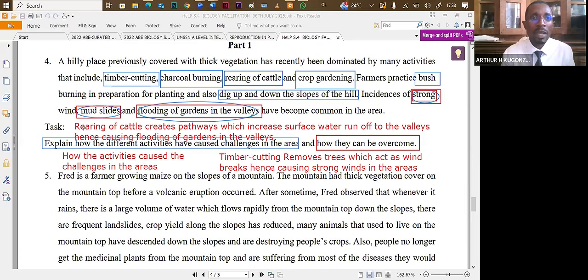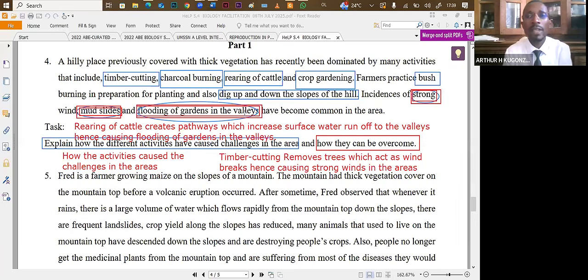Therefore, I expect you to give me a maximum of 3 points in your responses. Tell us, how can the problem of strong winds be solved? You finish. Tell us, how can the problem of mudslides be solved? You are done. Tell us, how can the problem of flooding of gardens in the valleys be solved? You're done. That is how you answer.